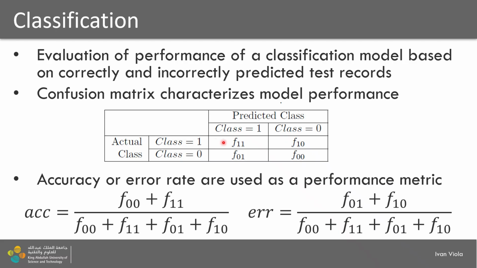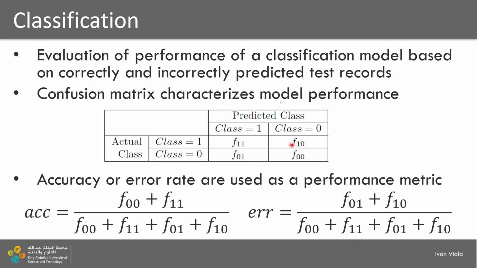Similarly, for the actual class 0, we can observe in this confusion matrix that the correct prediction has been performed this many times by the classification algorithm on the entire set of test objects or test records. And this is also a correct classification to class 0. And then we have the incorrect classifications, like for example this one, where the class is actually class 1, but it has been wrongly predicted as class 0.